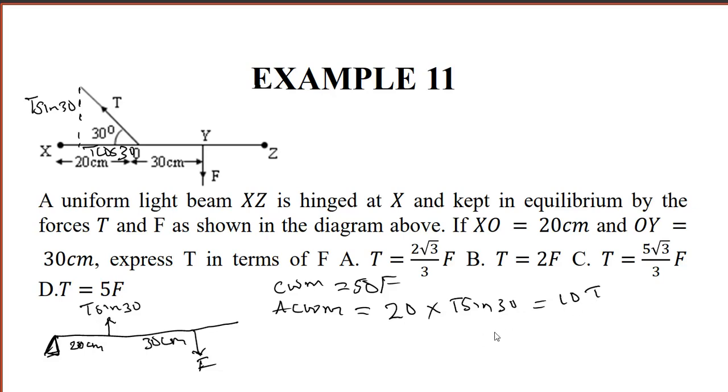So 10T is equal to 50F, so T is 5F. That is option D. Let's look at one more example.